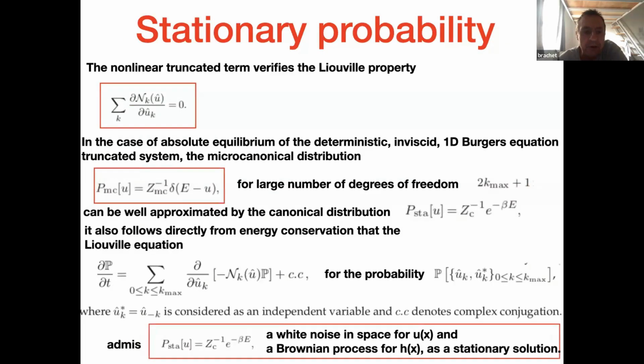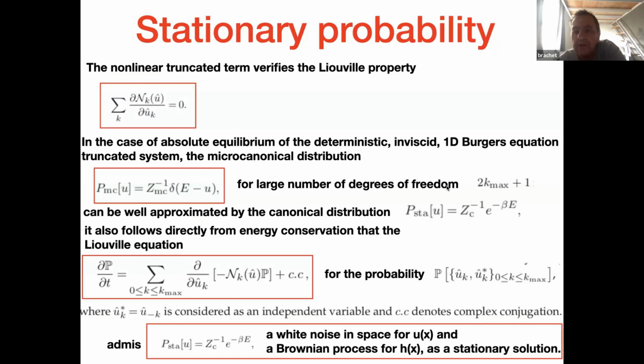So what about the statistical distribution, the thermalized state, the absolute equilibrium? This equation, you can check, has the Liouville property, which is written here. Therefore, you have a microcanonical distribution that is conserved by the Liouville equation.